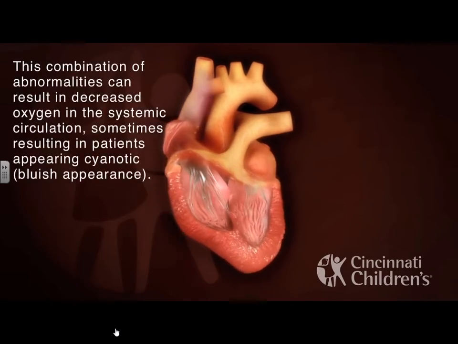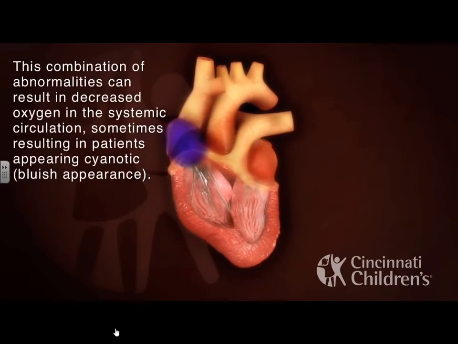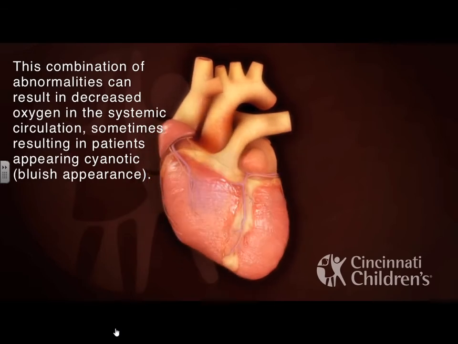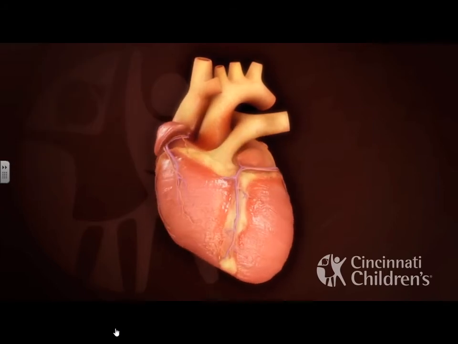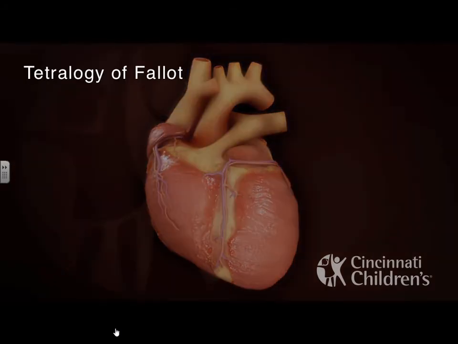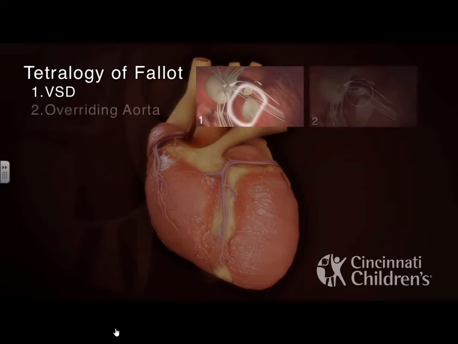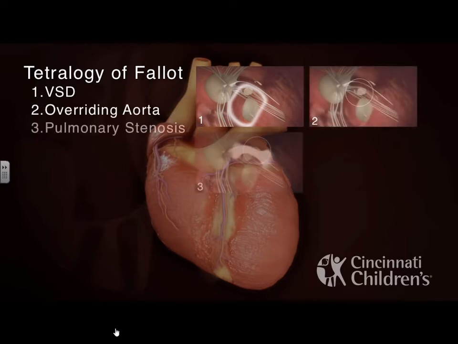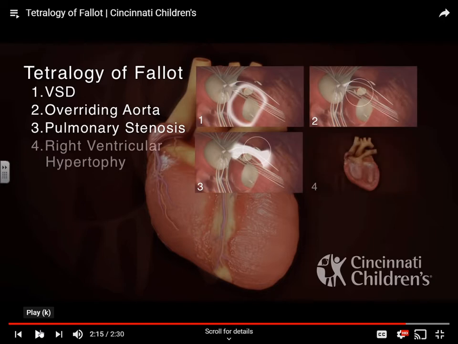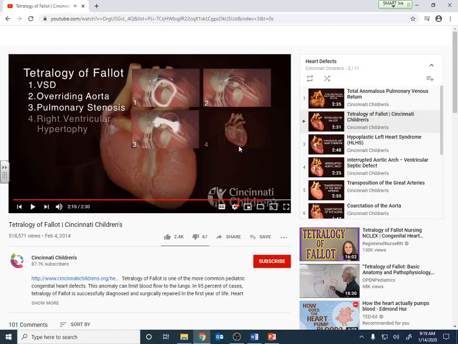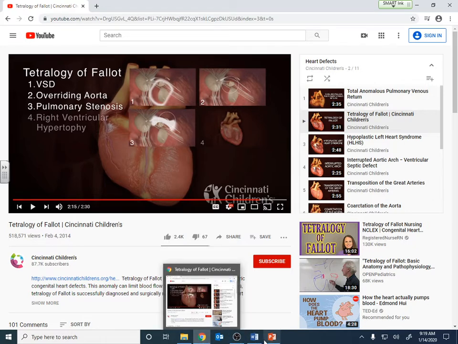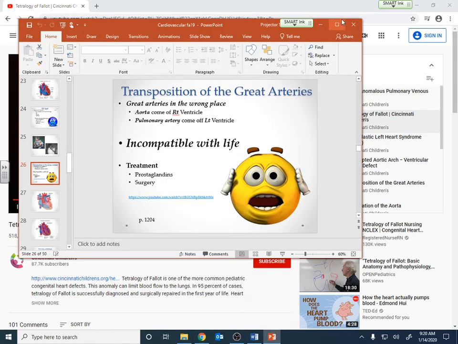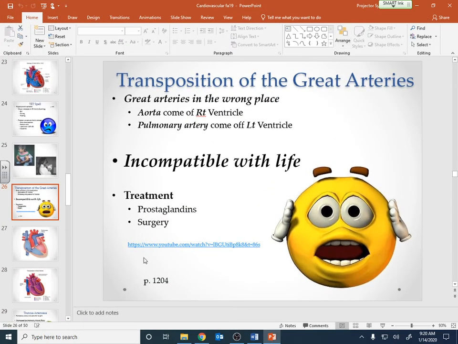This combination of abnormalities can result in decreased oxygen in the systemic circulation, sometimes resulting in patients appearing cyanotic, or having a bluish appearance. And this is one of the more common defects, the tetralogy of Fallot.